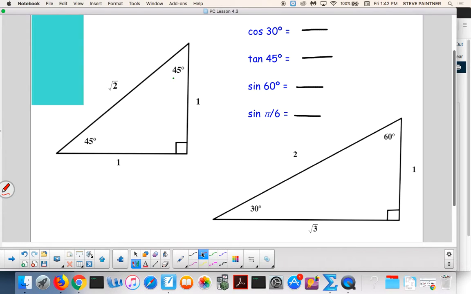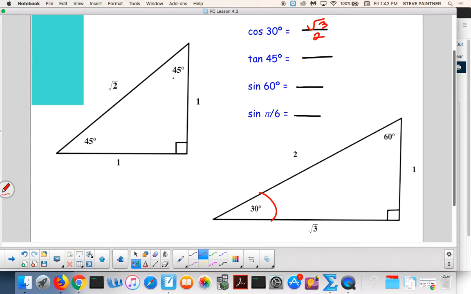Okay, cosine of 30, Megan? Square root of 3 over 2. Megan, did you hear me? Square root of 3 over 2. Is she right?